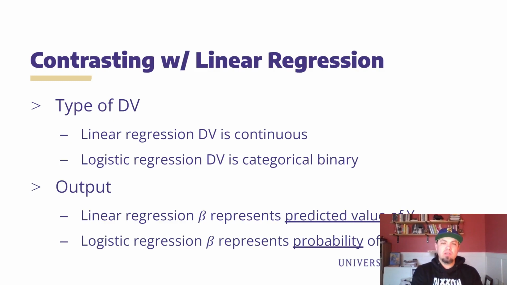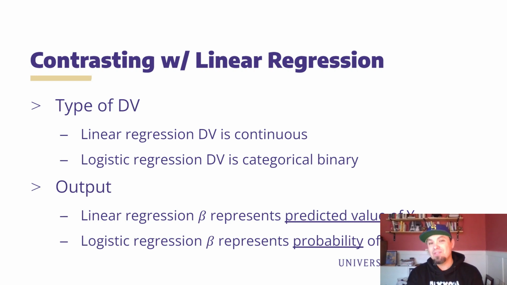So let's contrast logistic regression to linear regression. Logistic regression is similar to linear regression, but there are some really important differences between these two methods. The first main difference is the type of dependent variable that each method uses in the model.